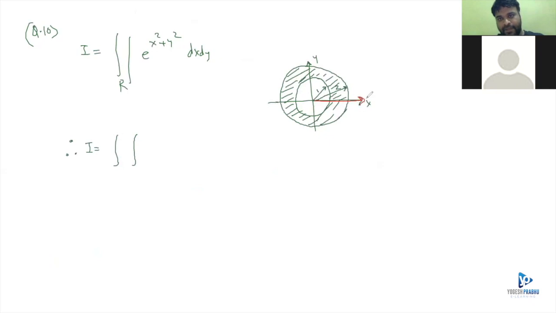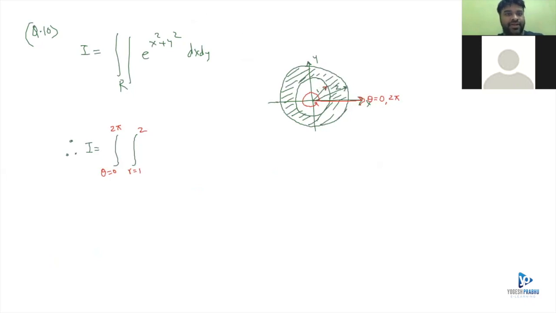Theta is 0 to 2 pi, right? Yeah. So theta will be from 0 to 2 pi. R will be 1 to 2. Okay, you get it?